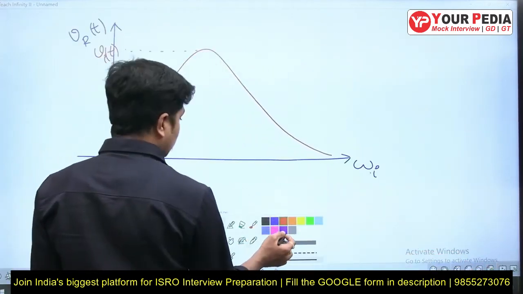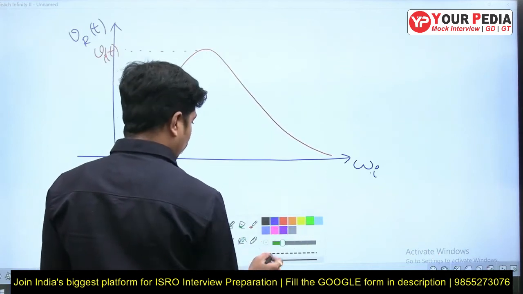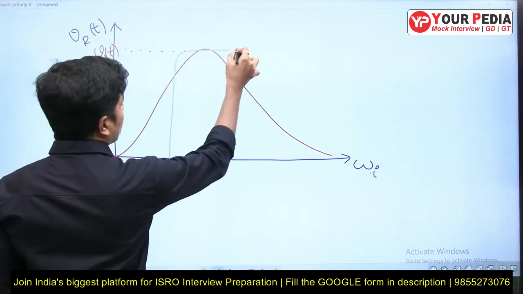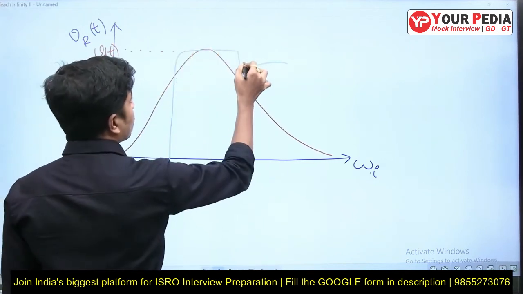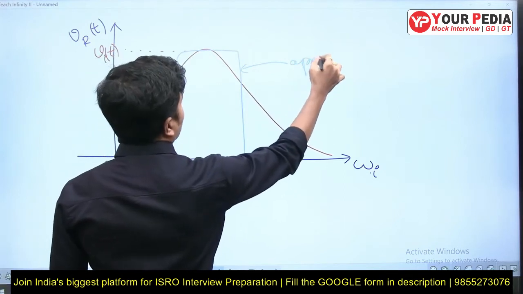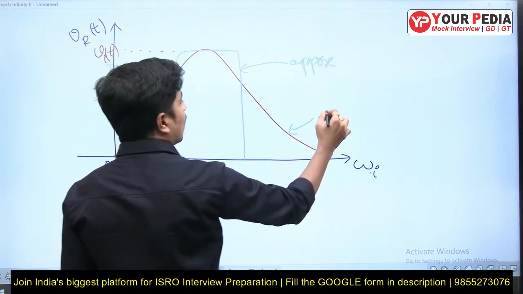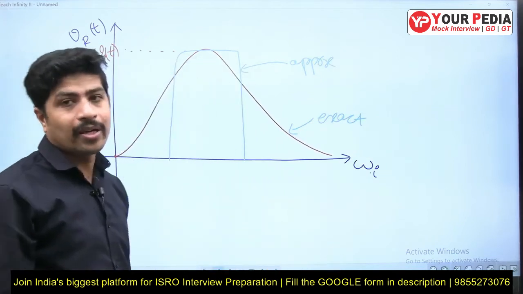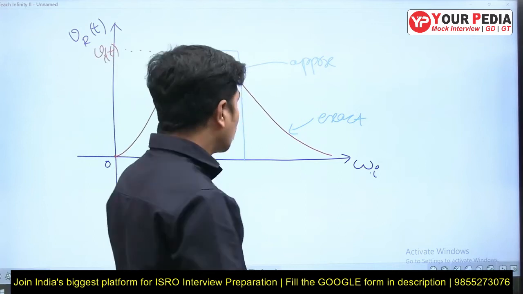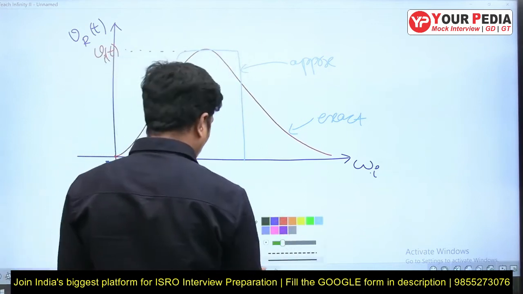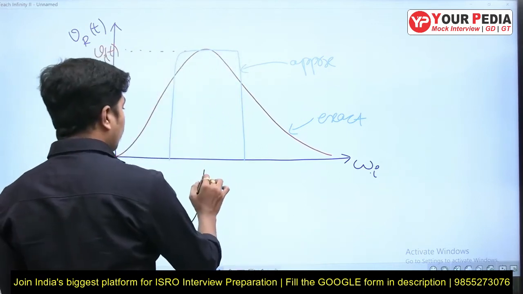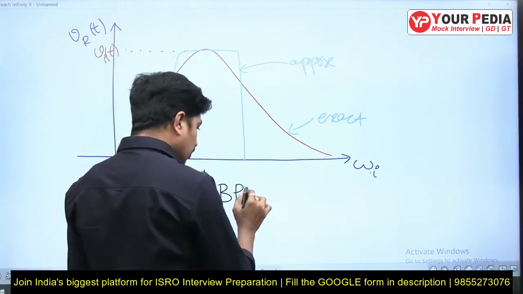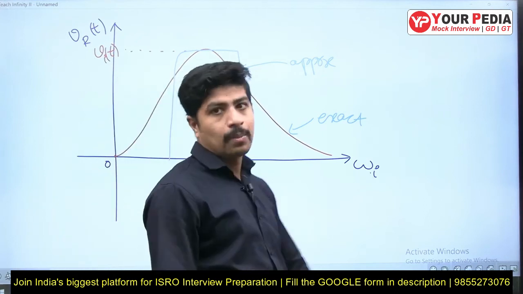These are the approximate characteristics, and these are the exact or actual characteristics, the frequency response, magnitude versus frequency. After looking at this, it is a band pass filter.